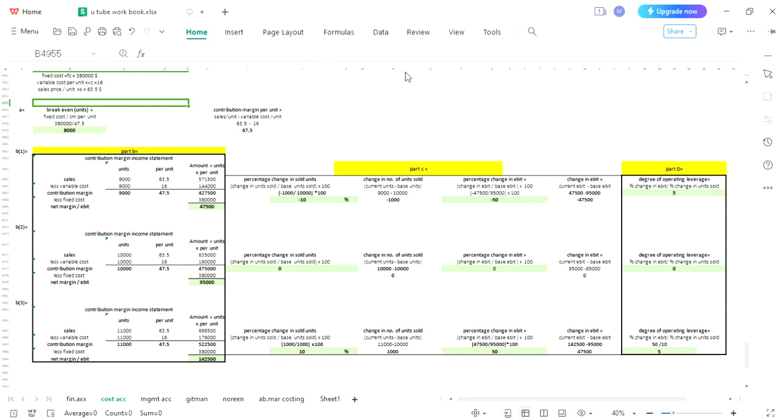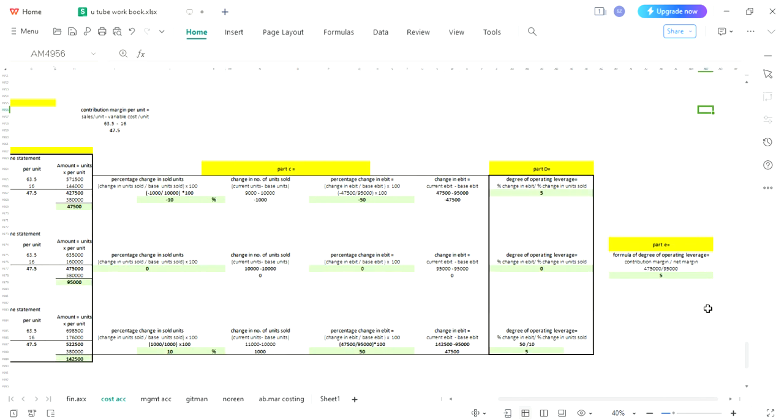Though I am taking a few minutes, it is ultra important for your understanding. So this is your overview of the question. Part A had only one answer, part B had 3 answers, part C had 6 answers. You can see over here. And part D had 3 answers, after which we calculated part E, which had only one answer.